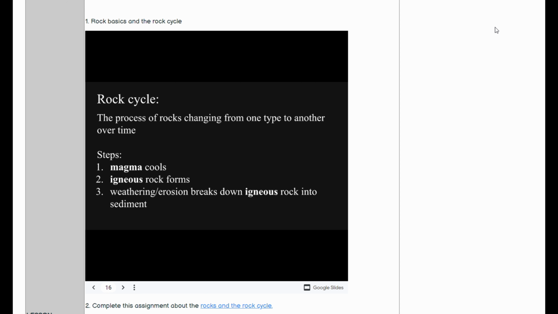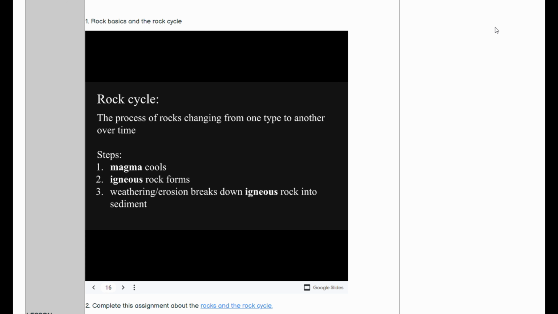We talked about a very basic version of the rock cycle with one pathway through it in our previous lessons. I'm going to give you another example of a pathway through it here, and then we're going to take a look at the other possible pathways on the final slide.